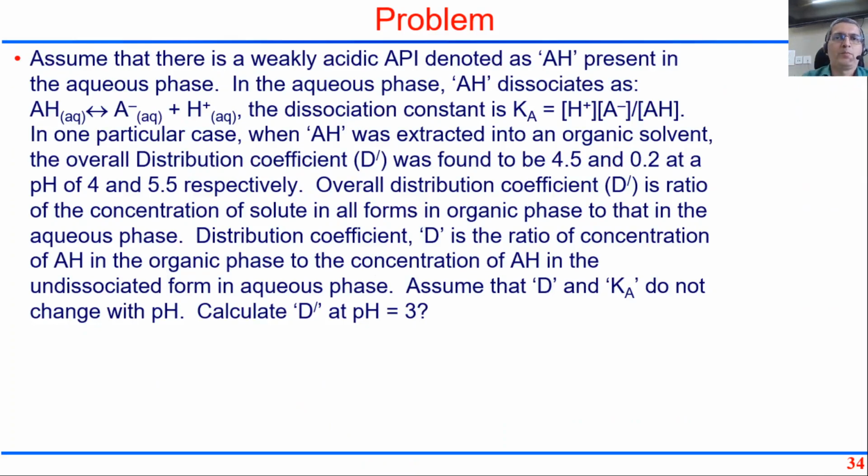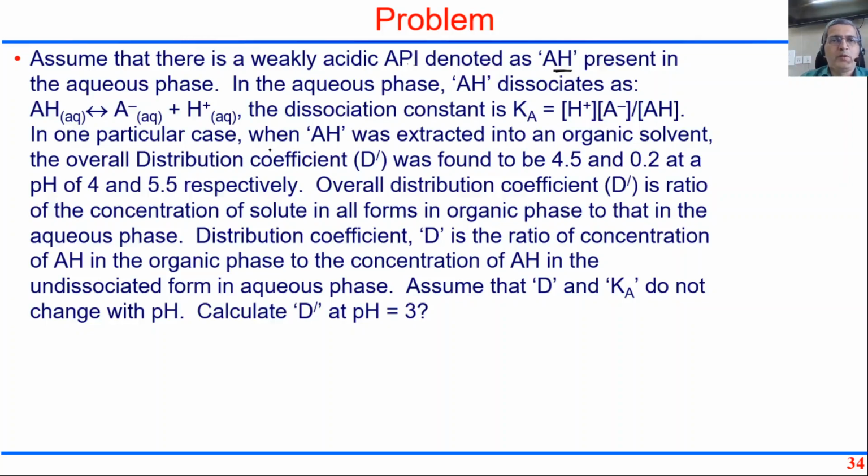Many times when you make pharmaceutical compounds, they are either weakly acidic or weakly basic in nature. Let's say there is an API, an active pharmaceutical ingredient, made by some fermentation. It is denoted as AH in the aqueous phase, where AH dissociates into A minus and H plus, and the dissociation constant is Ka, which you write as H plus times A minus divided by AH.